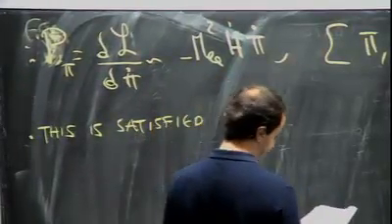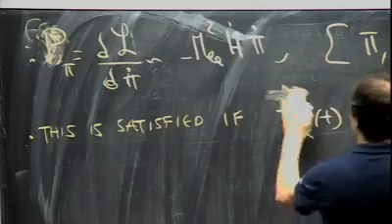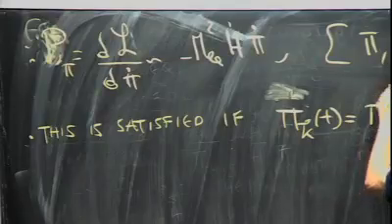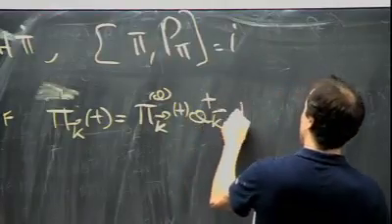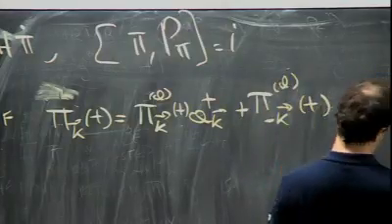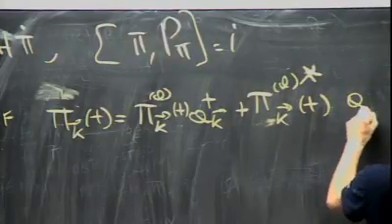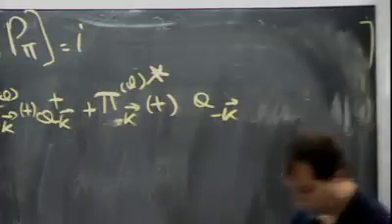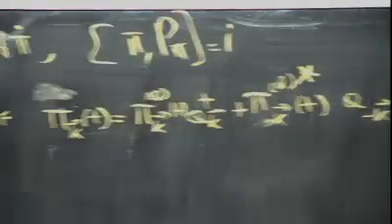If we impose that the operator pi is equal to pi classical of k times a of k plus pi classical of minus k star times a dagger of minus k, I expand the field as a harmonic oscillator, where this wave function satisfies the classical equation of motion.